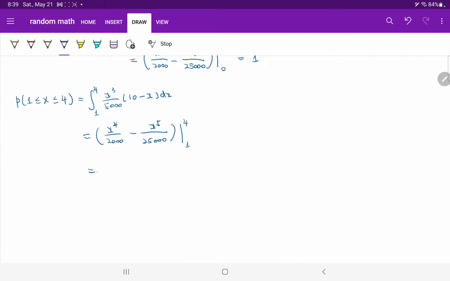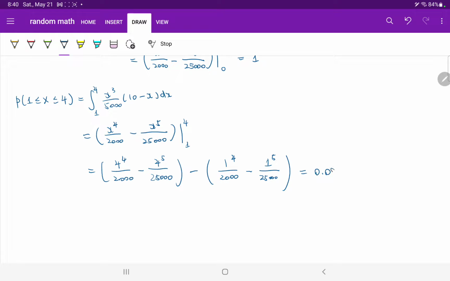If you plug in these values, this should give you 4 to the power of 4 over 2,000 minus 4 to the power of 5 over 25,000, minus 1 to the power of 4 over 2,000 minus 1 to the power of 5 over 25,000. With the calculator, it would give you 0.0865, and we multiply that by 100%, which gives us 8.658%. So what exactly does this number represent?